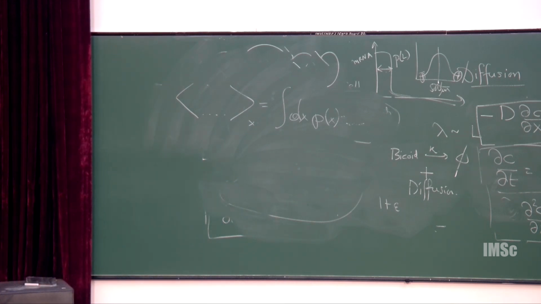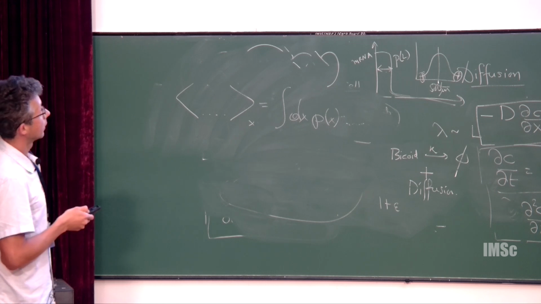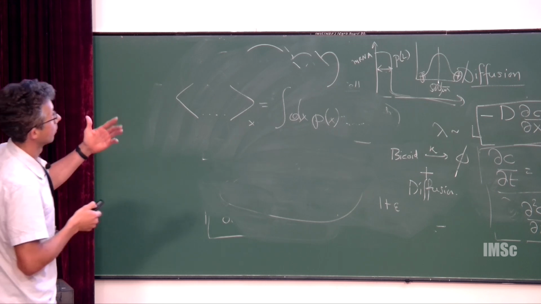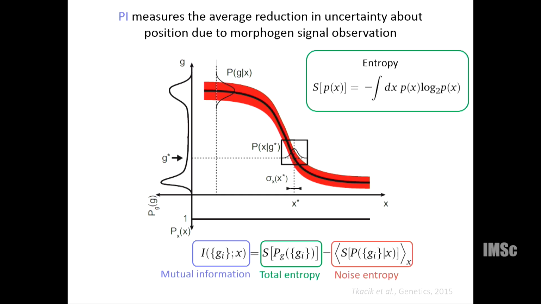Another way to understand this plot is that a cell without any input signal can be equiprobably at every position in the tissue, but after the signal is introduced, you narrow down the position of the cell.